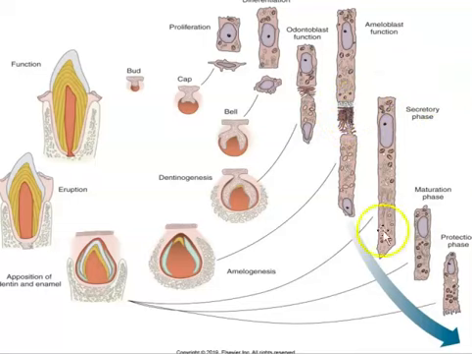In the secretory phase the enamel gets deposited, and you can see this is the Tomes process, with the conical, cone shape. Maturation, the enamel is now getting hard, and then protection, which is finishing off, so no more enamel is getting developed. All right, I hope that was helpful.